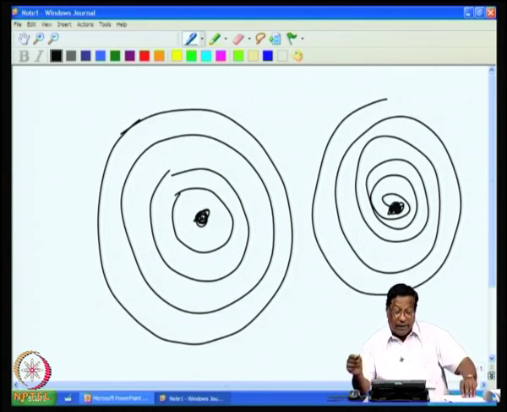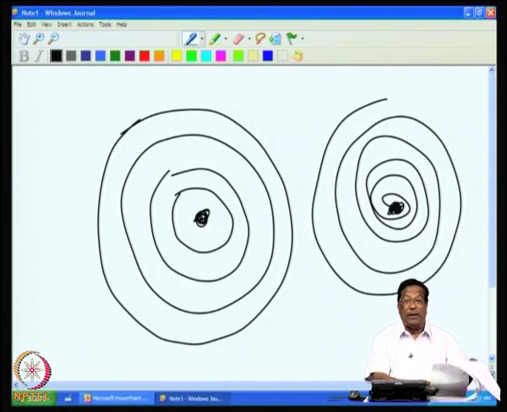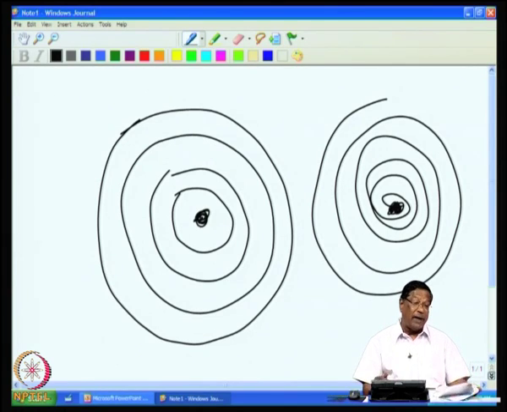This is not very nice, because it does not give us a stable electronic structure, which is against our experience that elements are essentially very stable.